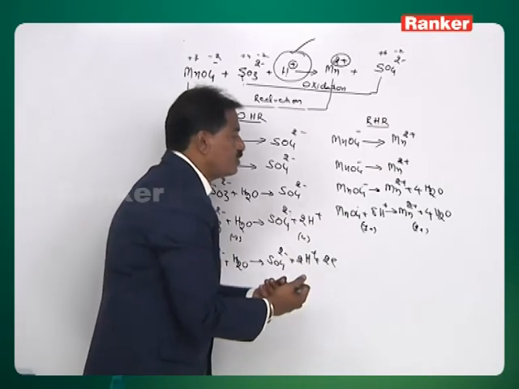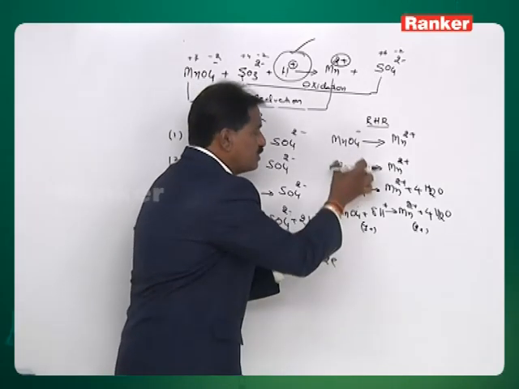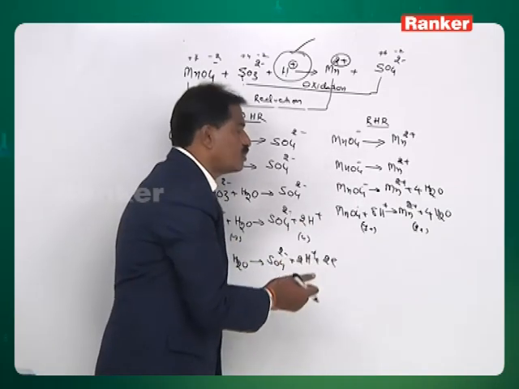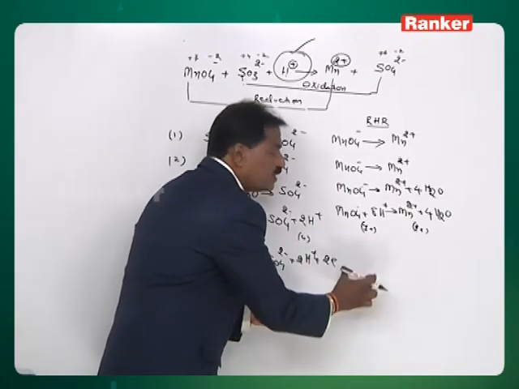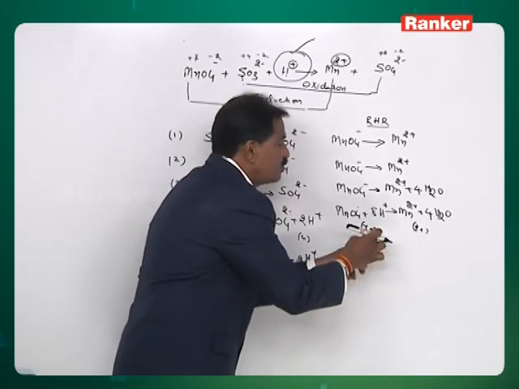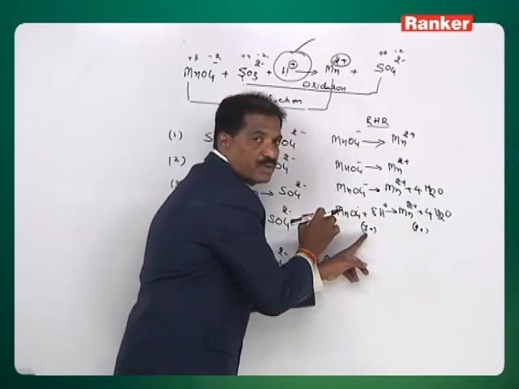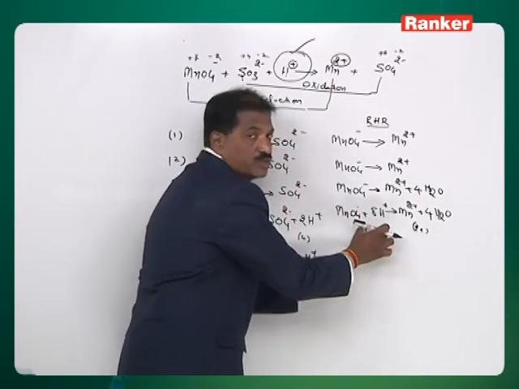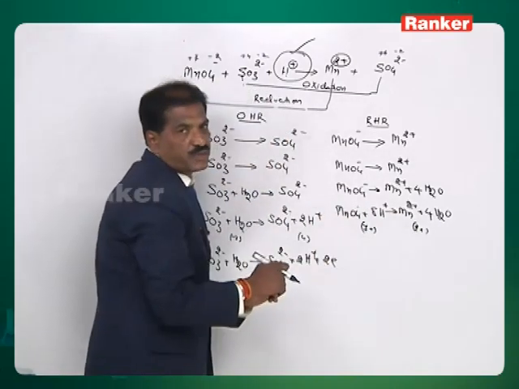For balancing of the charge, compulsorily we have to add electrons to the suitable side. To which side do the electrons have to be added? This side, because here 7 units of positive charge, here 2 units of positive charge. Therefore continuously add the electrons till this side positive charge becomes equal to that side positive charge.